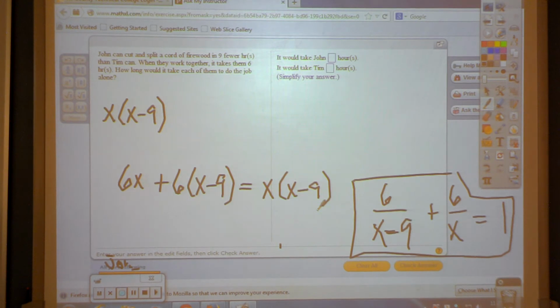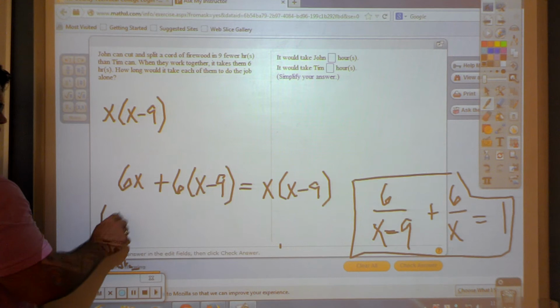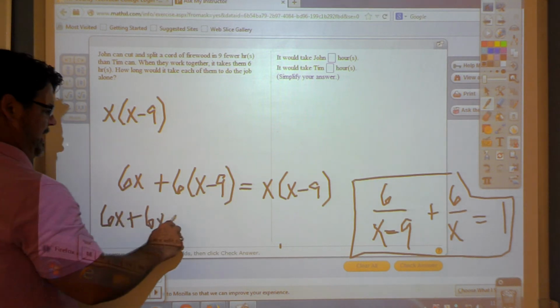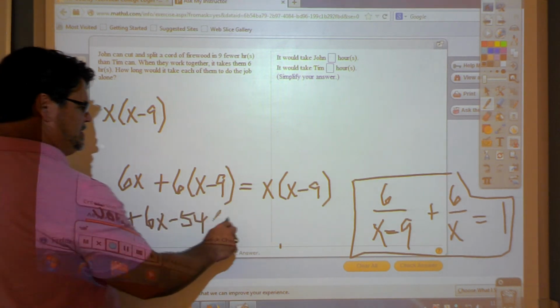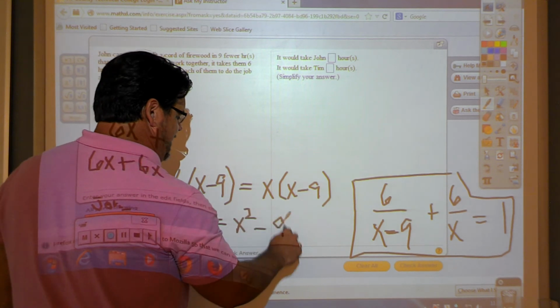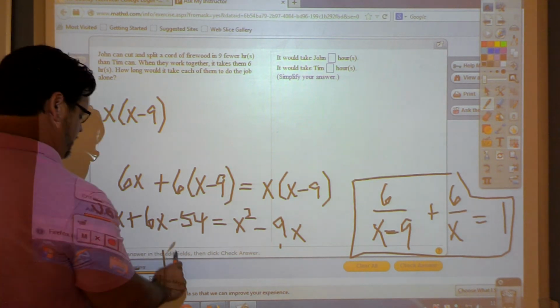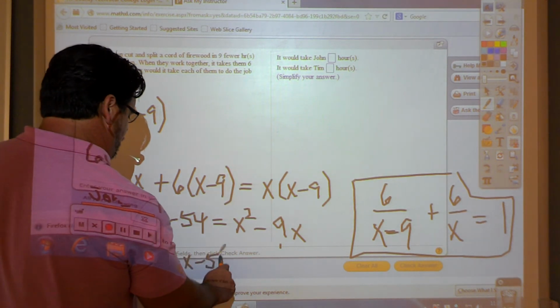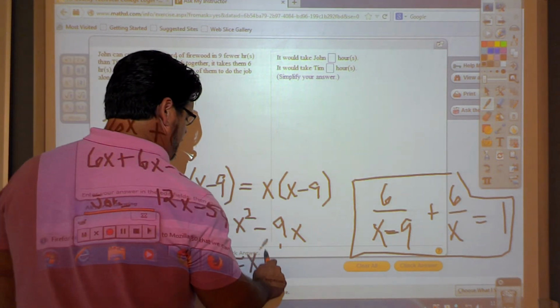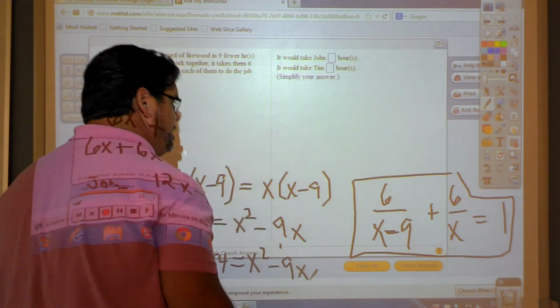I'll make sure I didn't mess up anywhere. 6X plus 6x minus 54 is equal to x squared minus 9x. And 6x plus 6x is 12x. 12x minus 54 is equal to x squared minus 9x.